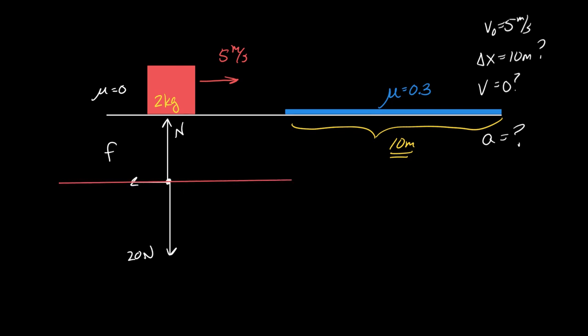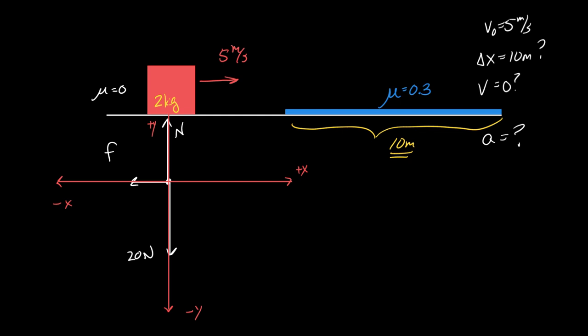Set up coordinate system. Do my best to line up that coordinate system with the direction of the acceleration. Something like that. Negative y, positive x, negative x. And be careful here, but I've just labeled x and y.